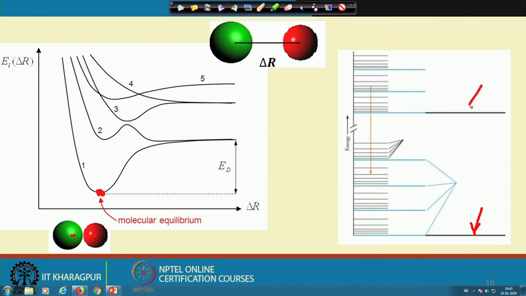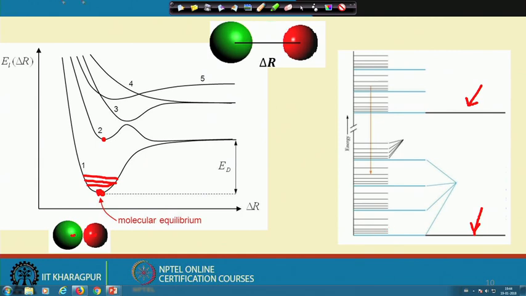Now, what does this energy level correspond to? That must be the point here, this is the first excited electronic state. And now, where will these fine structures come into the picture? If I draw corresponding to the ground electronic state, it has these vibrational structures, and corresponding to each of these vibrational levels, you will have the rotational fine structures.